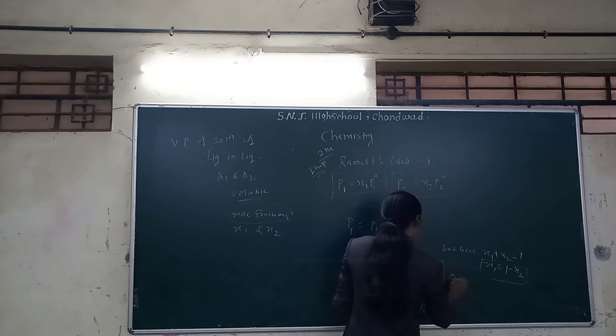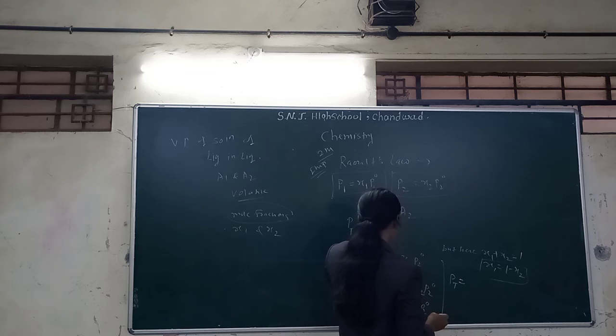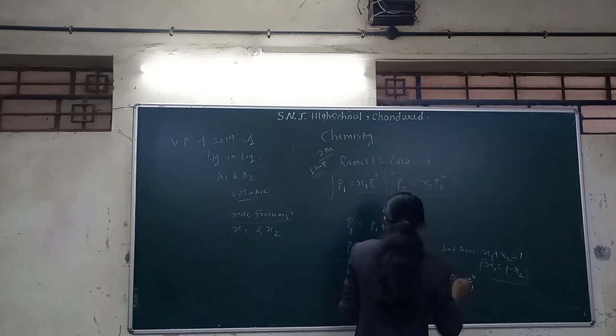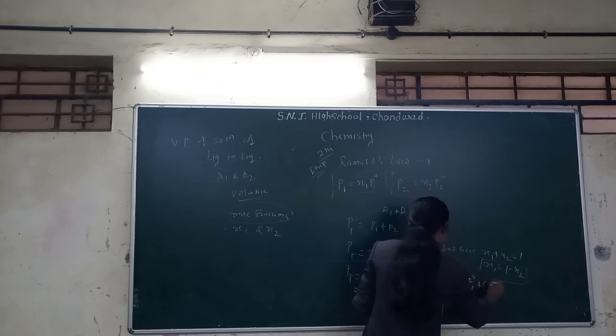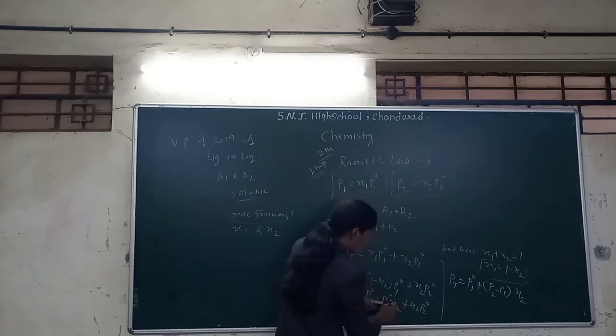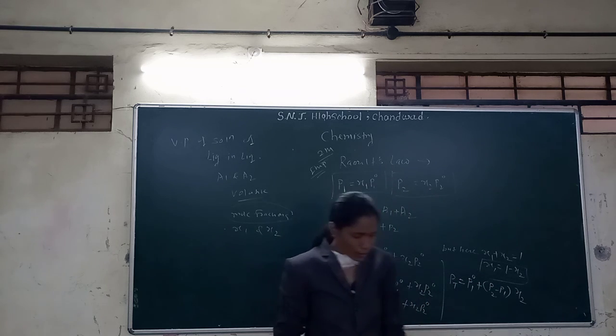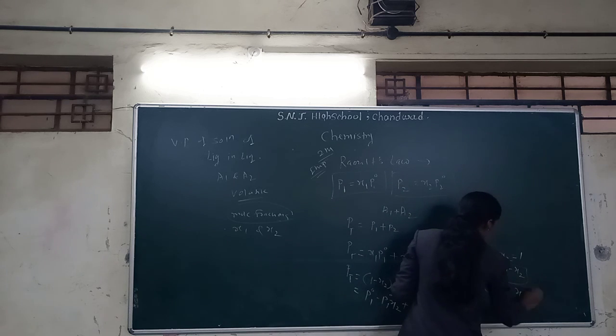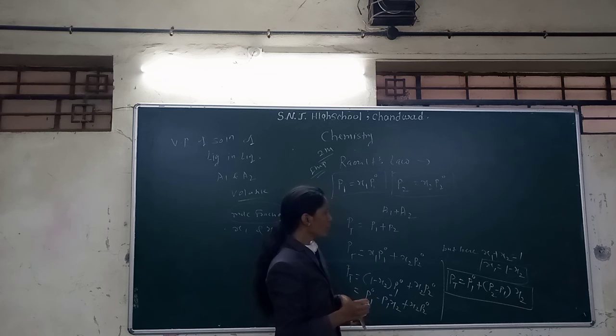Therefore the next step is PT is equal to P1 naught plus (P2 naught minus P1 naught) times X2. X2 is common outside the bracket, therefore remaining P2 minus P1, into X2. This is the Raoult's law equation for a binary mixture. This question is asked many times in the board exam.